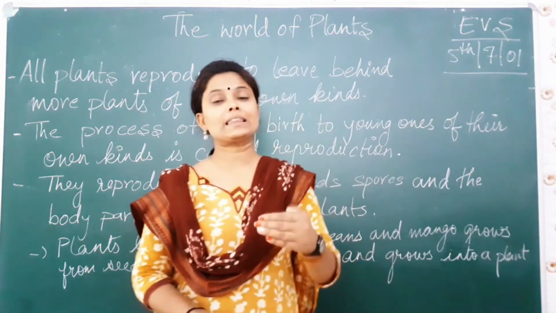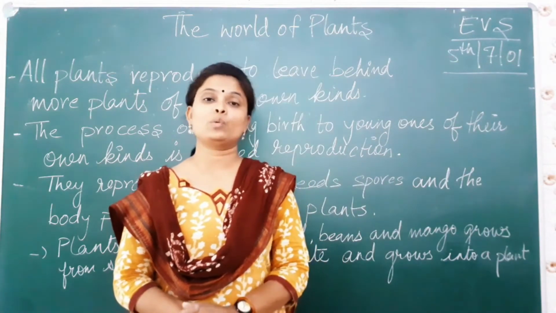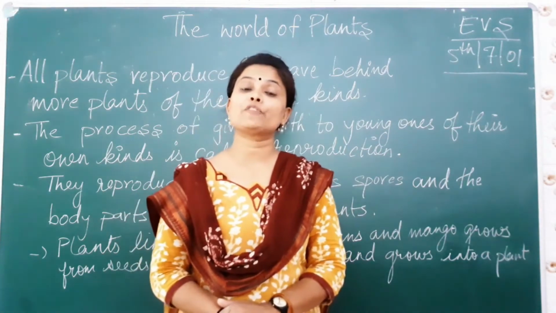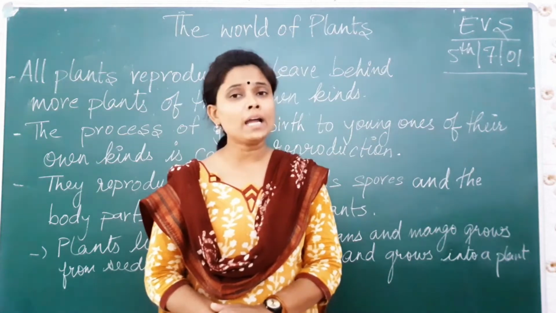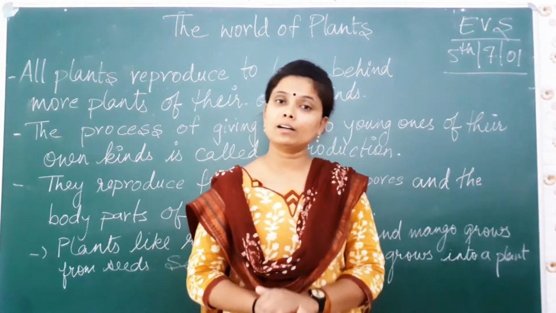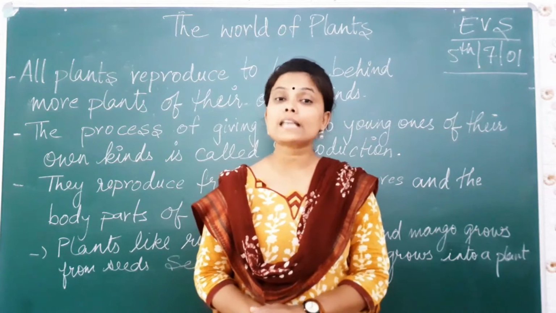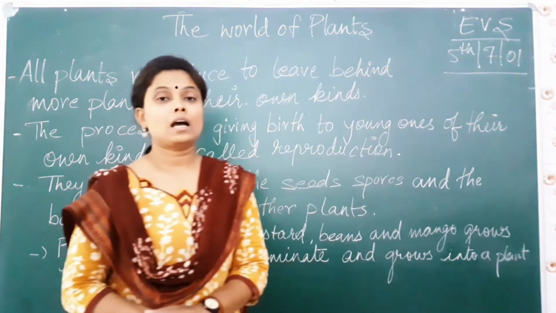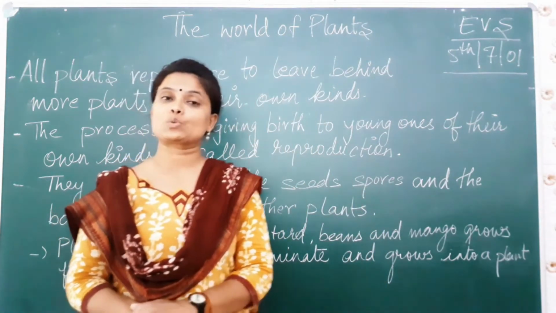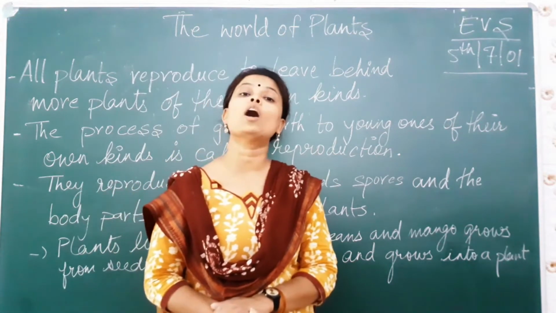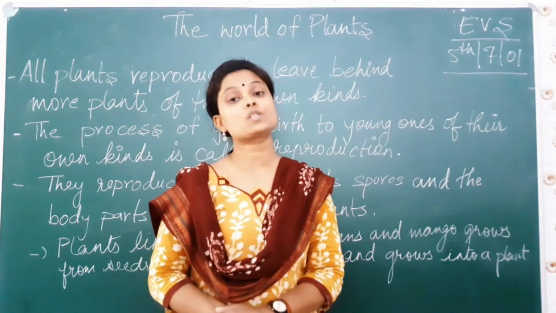So these are the 5 categories into which plants have been differentiated, for easy learning and understanding. In this chapter we are going to study the life of plants and their world.